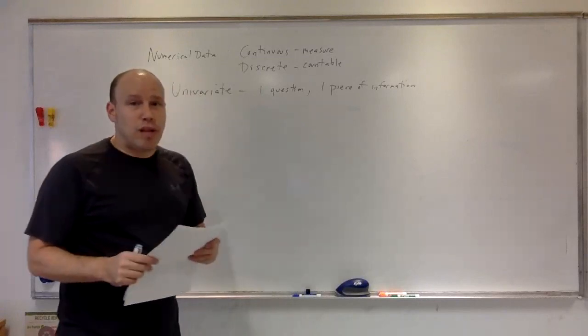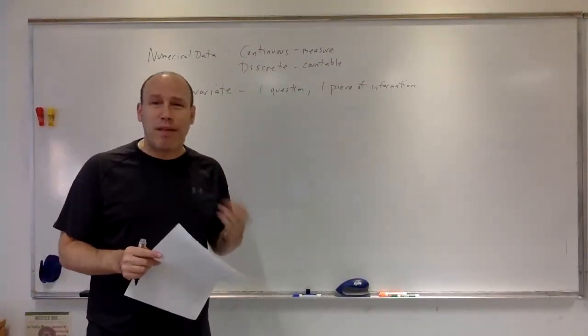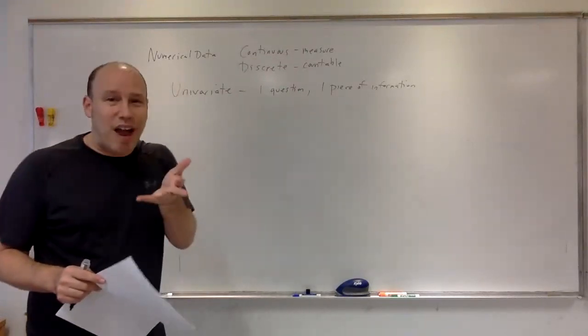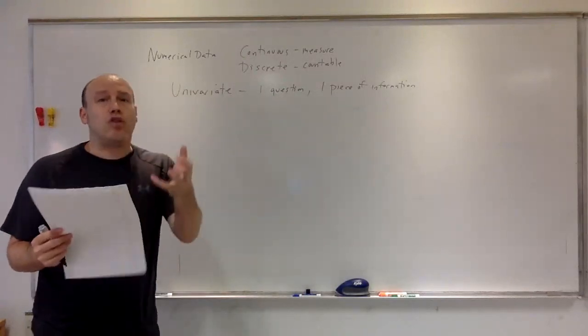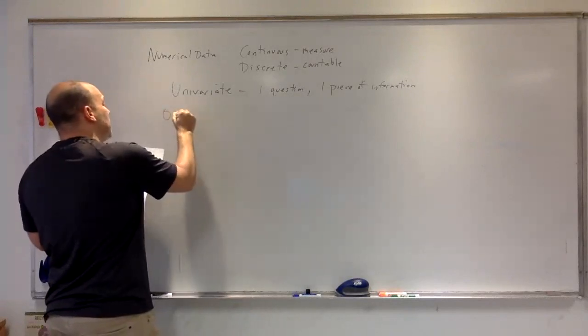And so the next thing we want to look at is how to organize. Now, I'm going to talk about the different methods, and you're not going to be asked to do it. You might be asked to do it in your science, economics, or history class. But here you're going to be given charts. I'm trying to show you what they look like. The first thing is, let's talk about organizing data.